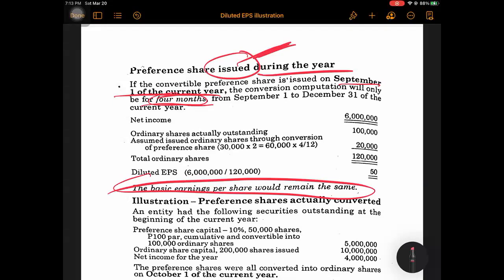So your net income is 6 million. What changes is the amount of your assumed issued ordinary shares. So we need to average, we need to proportionate. From September 1, the number of months outstanding is 4 months divided by 12. You have 20,000. Therefore, the total ordinary shares to compute for the diluted earnings per share is 20,000. So what is your diluted earnings per share? 50.